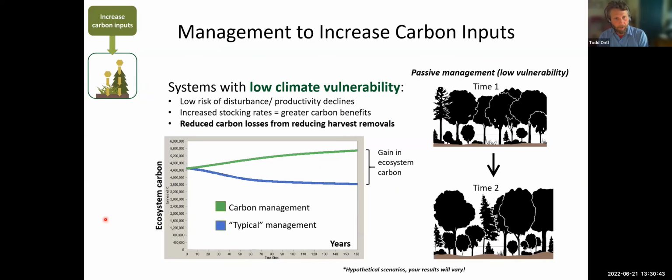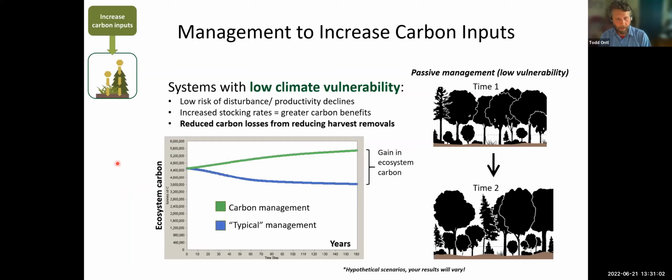So now I'm going to talk briefly about how we can put these ideas of climate vulnerability and carbon management together to understand some of the things we can do as managers for forest systems.